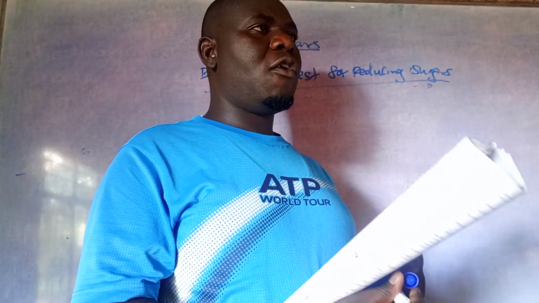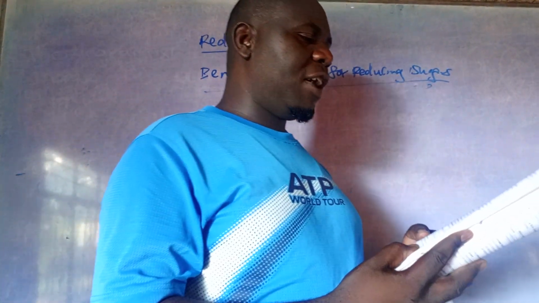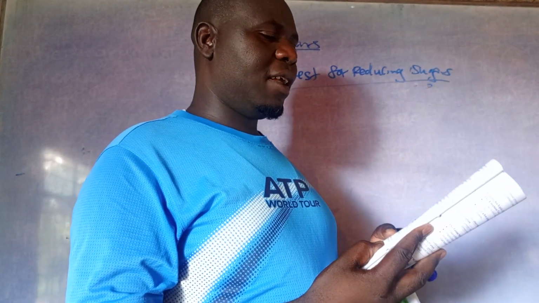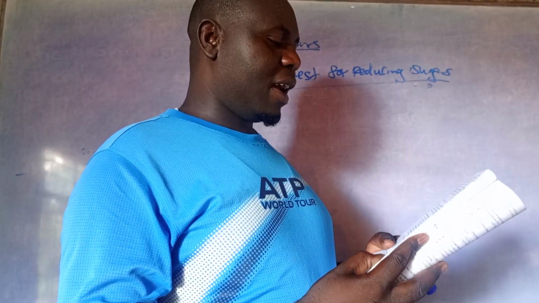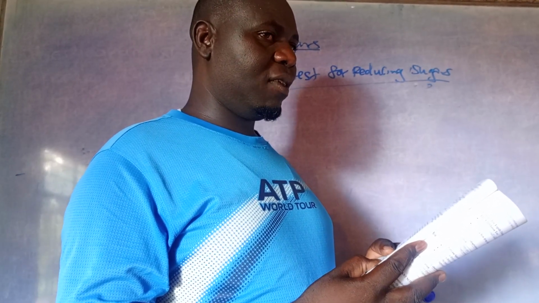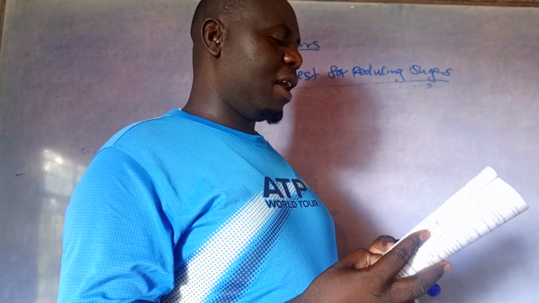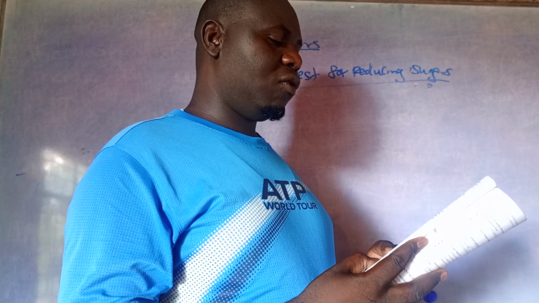So now we go to non-reducing sugar. But before that, remember to state only the final color observed and not all the colors mentioned in the table. The extent of the color change indicates the quantity of reducing sugars present. Green and yellow indicate small traces of reducing sugars.